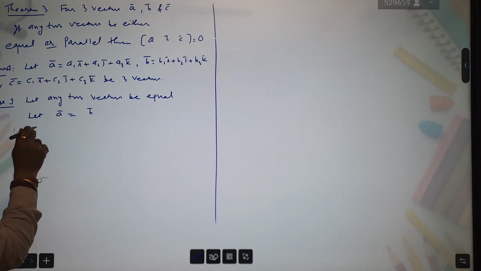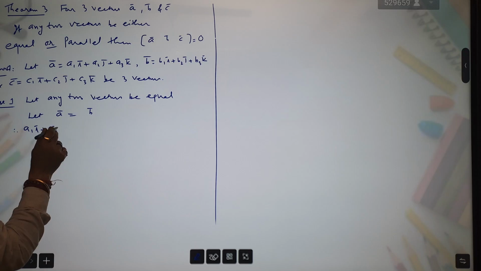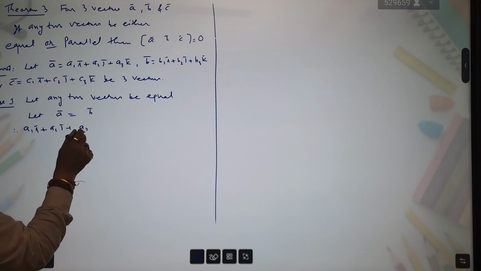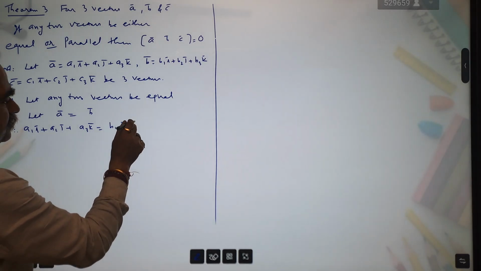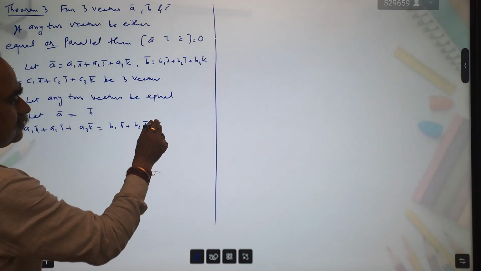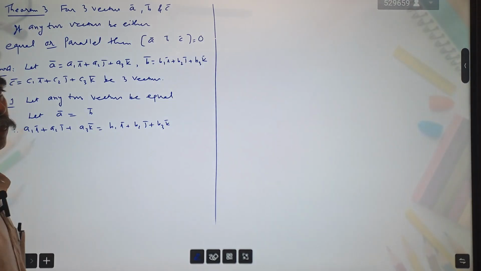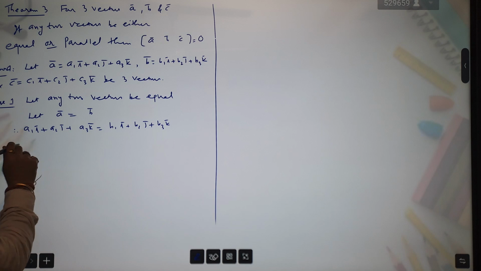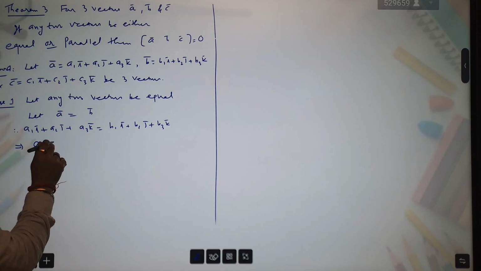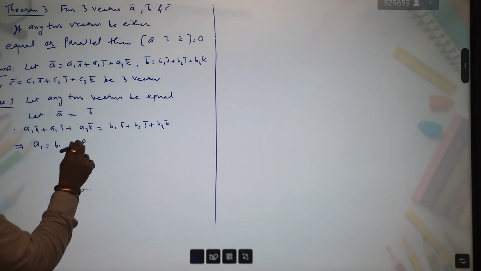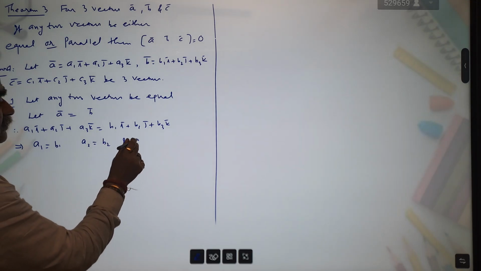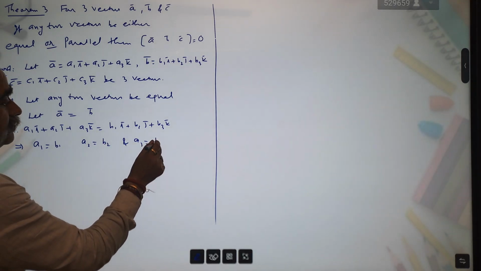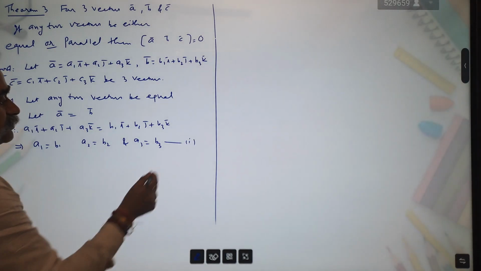Therefore, A1i plus A2j plus A3k is equal to B1i plus B2j plus B3k. On equating, A1 is equal to B1, A2 is equal to B2, and A3 is equal to B3. Write this as equation number 1.